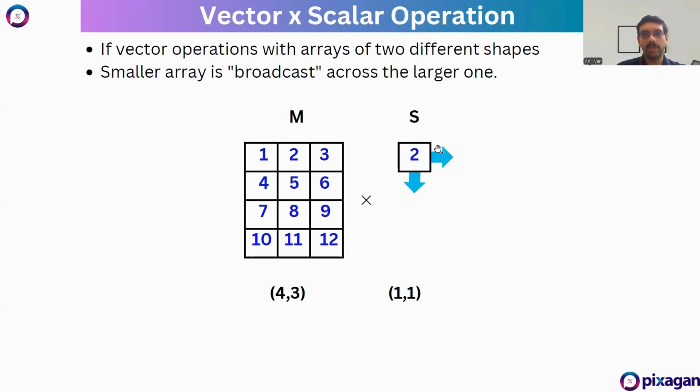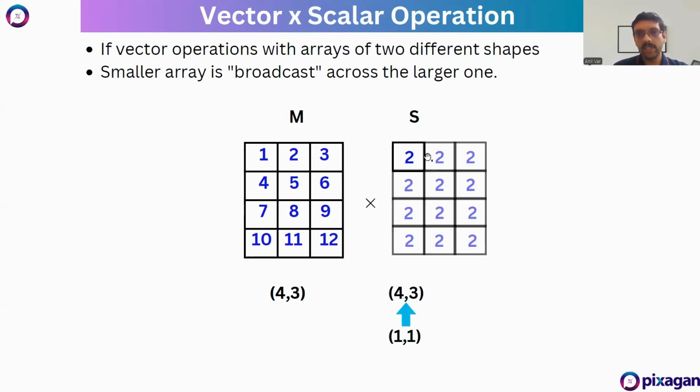What I'm going to do is stretch the scalar to match these dimensions. What do I mean by that? This is a 1 by 1 matrix effectively, right? A scalar is a 1 by 1 matrix. This is a 4 by 3 matrix. So it's just going to extend this, stretch this. I'm going to add 4 rows and 3 columns, each containing the exact same number 2.